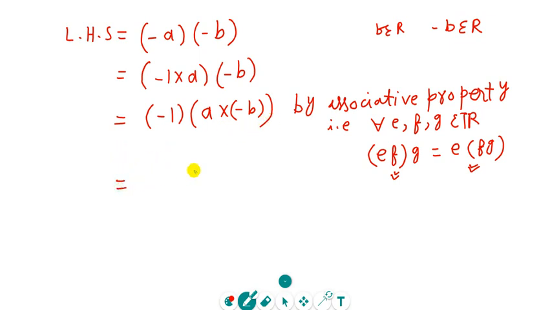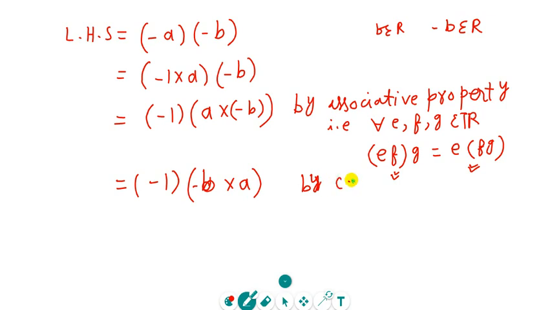We also know that the set of real numbers satisfies the commutative property with respect to multiplication. So by commutative property we can write minus b into a. See the form of commutative property with respect to multiplication.